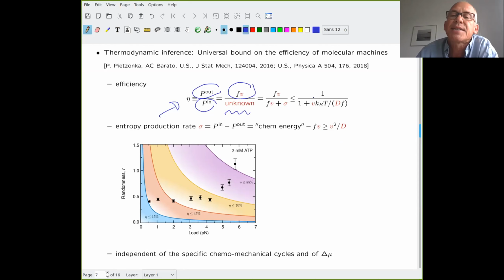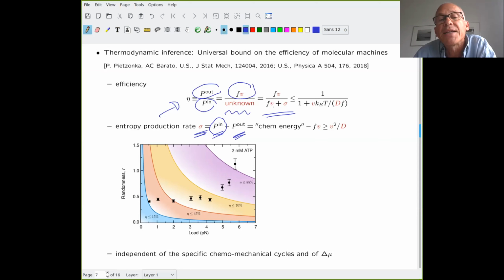You can't see the single molecules vanishing. But we know that there is an entropy production, which is the input minus the output. So that's what's lost. So we can replace the unknown input by the sum of entropy production and output. That's what we're doing here.